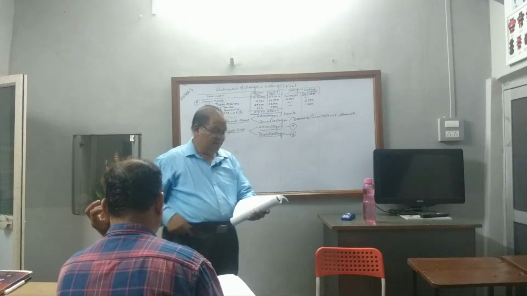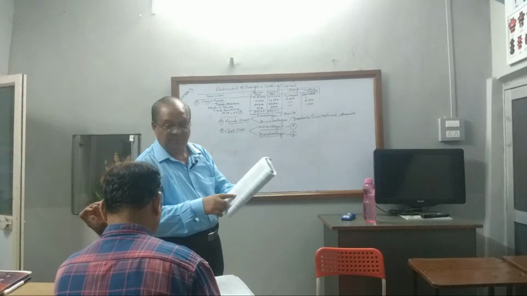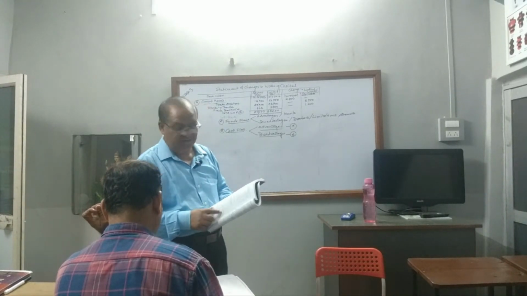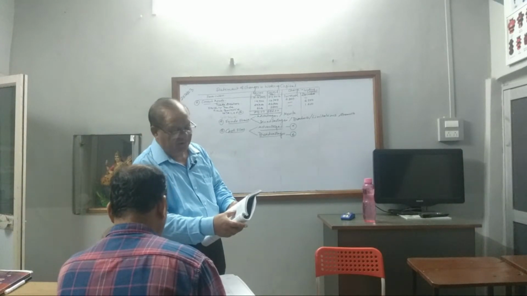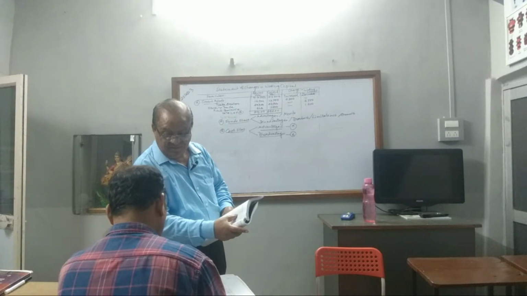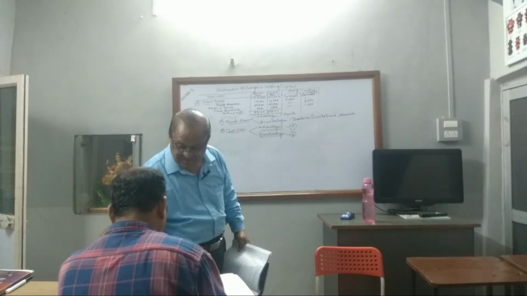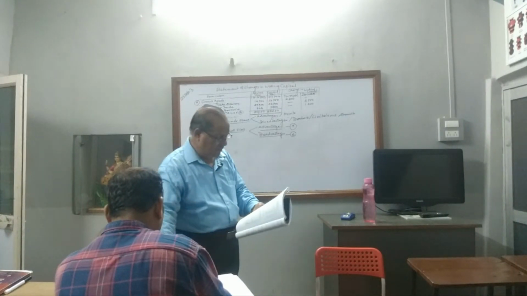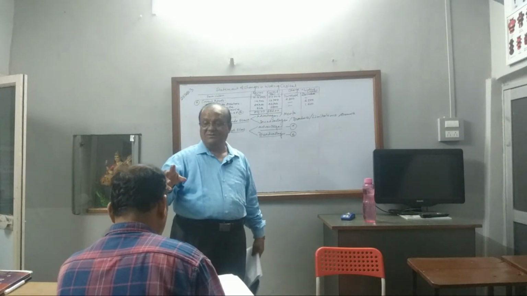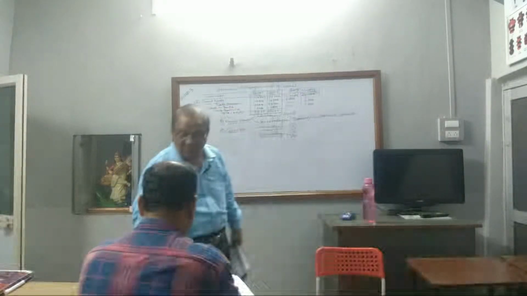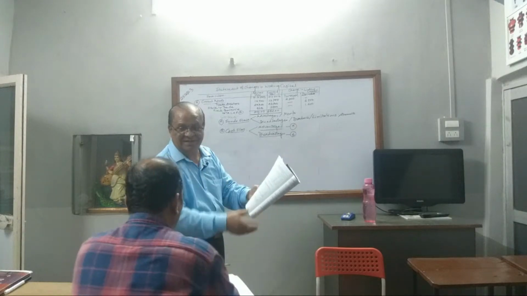Take the difference: 28,000. So purchase of furniture is a cash outflow of 28,000. Compare whether it is reduced or increased.